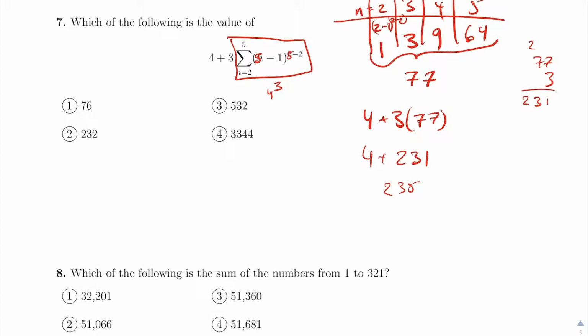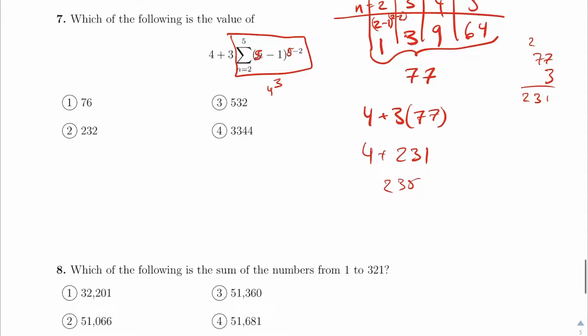Let's see. It's 1. 3 minus 1 is 2 to the power of 1. This should be 2. Let's just plug that one in one more time. 3 minus 1 is 2. 3 minus 2 is 1.